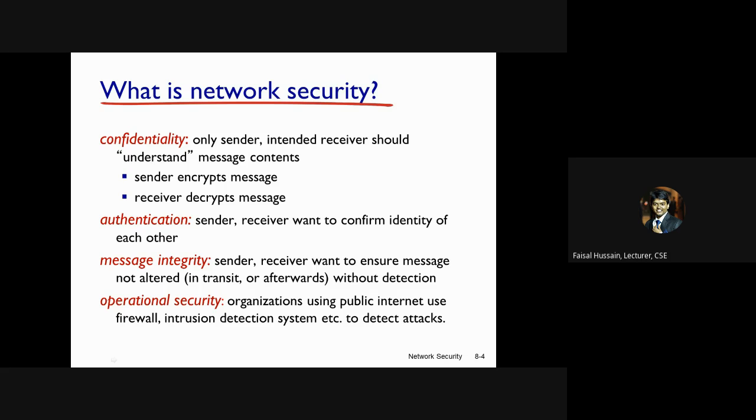The next one is operational security. The organization using the public internet uses firewall and intrusion detection system to detect attacks. So assume that you have a software firm where you have some web server. In that web server, you have posted one website.